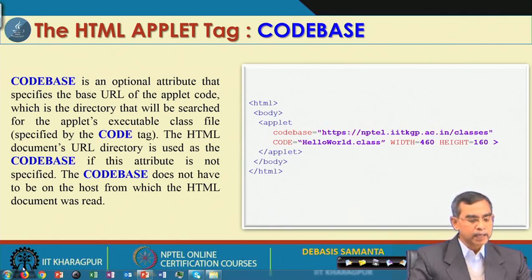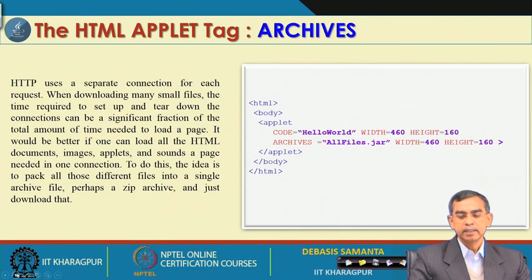So, this is the use of the archive tag, and the code base; it is there for this purpose. Suppose, as I told you, an applet can be viewed from your local machine containing its elements from the distant machine.